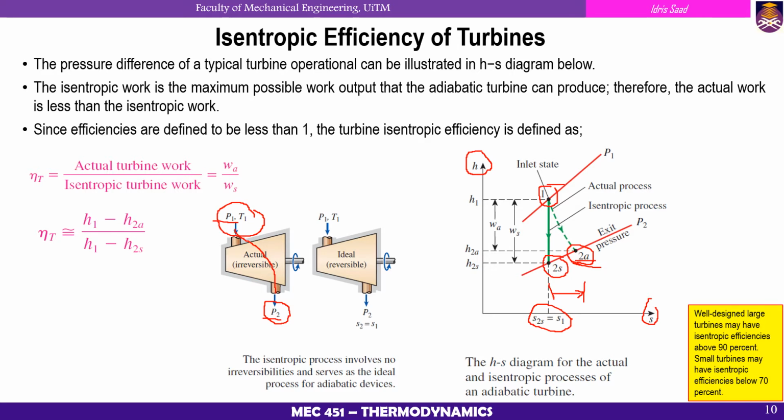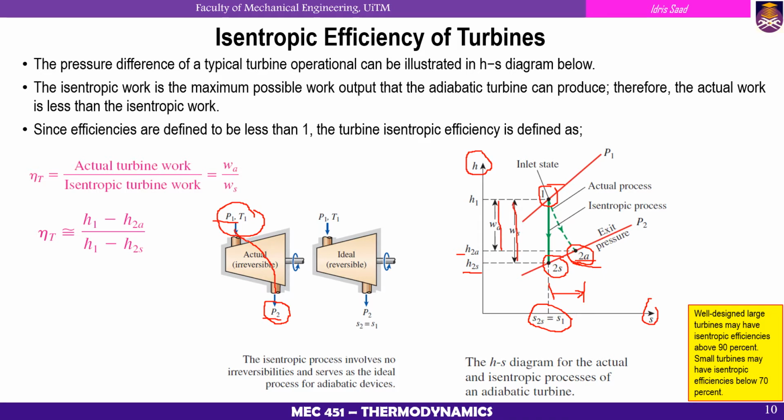Now if we draw the H points, this is the point H2s for the isentropic condition, and this is the H for the actual state. From this, this is the work of actual, and this is the work of isentropic.